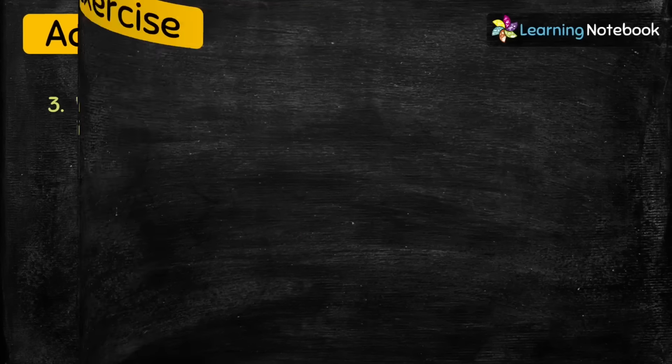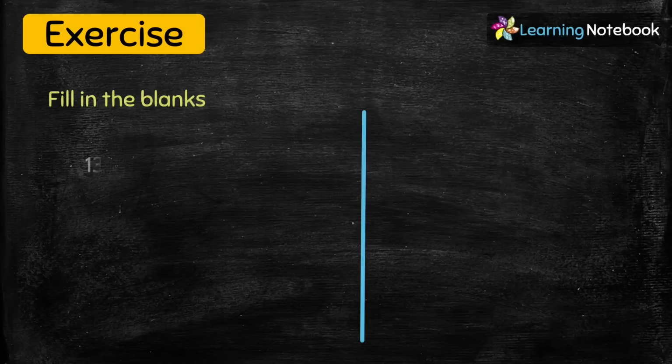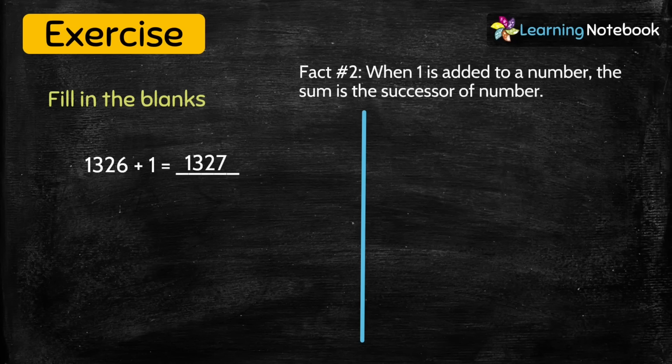Now let's do some questions based on these addition facts. First fill in the blank is 1326 plus 1 equals to dash. So here answer is 1327 because we learnt in addition fact 2 when 1 is added to a number, the sum is the successor of that number.